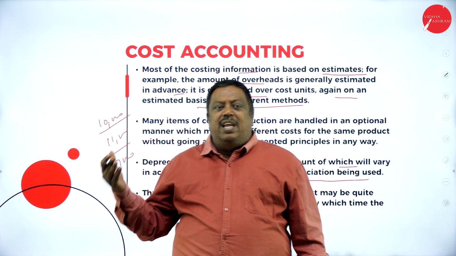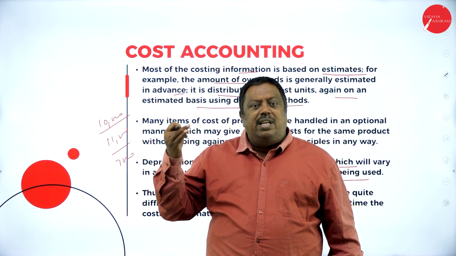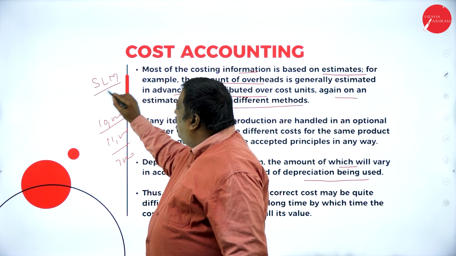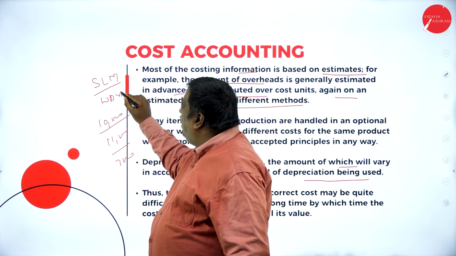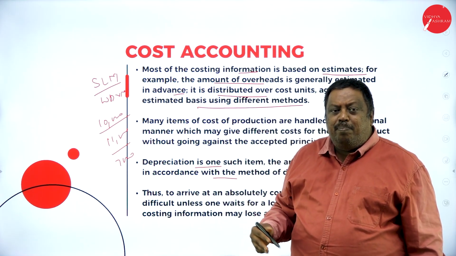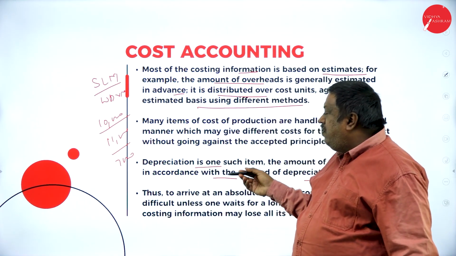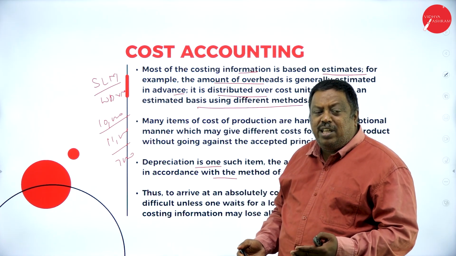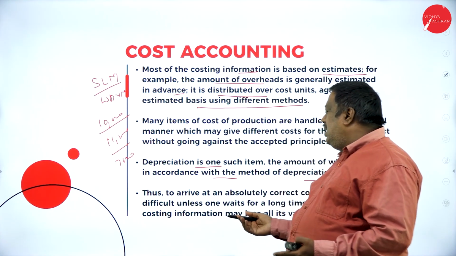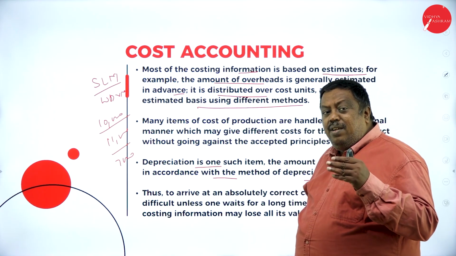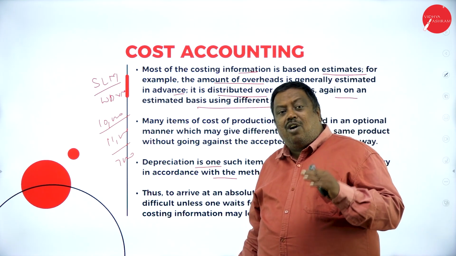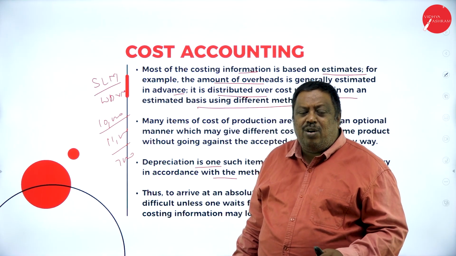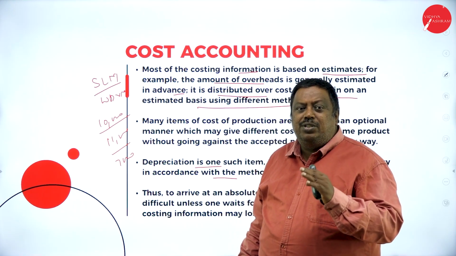For example, we have the straight line method and the written down value method. Whichever method is adopted, based on that, the amount of depreciation will be recorded by the business people. So it may vary from one business to another business, or by the method considered here. So the arriving position of the business's cost may vary, and that's the reason they say it is not the exact or actual cost we are going to get from the information.